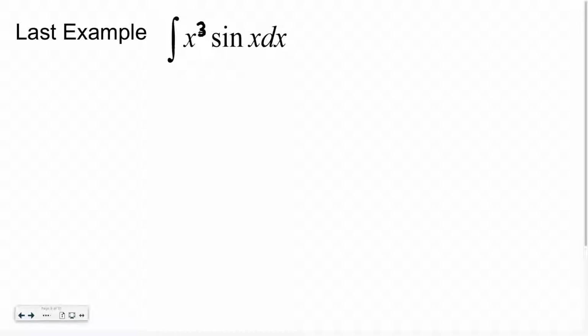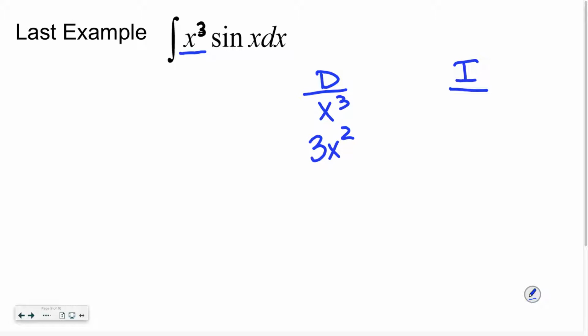Yes. We have a product, and it's not a product we can use u substitution with. It is a candidate for our table method. So x cubed, 3x squared, 6x, 6, 0.